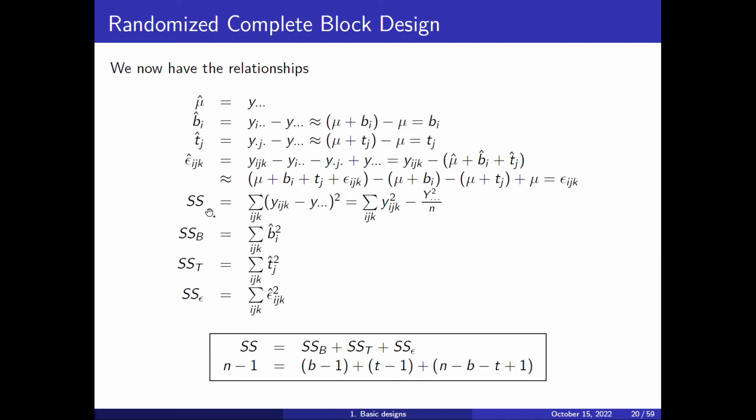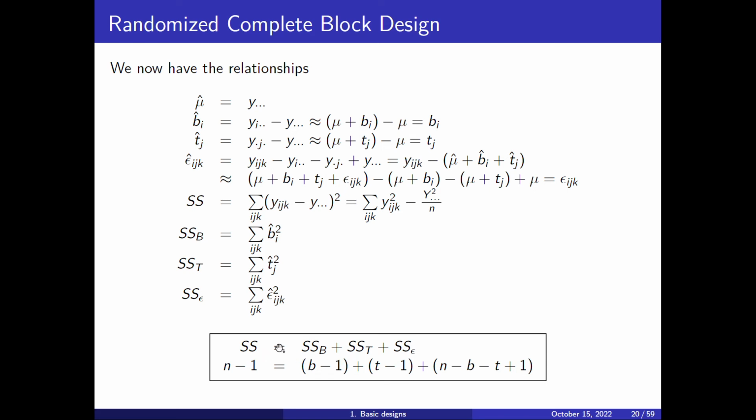So the overall sum of squares, the contribution of all blocks, which you recognize is very easy, the contribution of all treatments, the contribution of the residuals, and we have the same kind of decomposition equations that we had before.